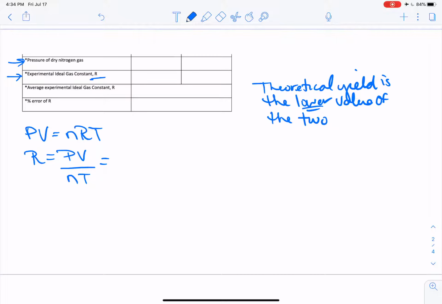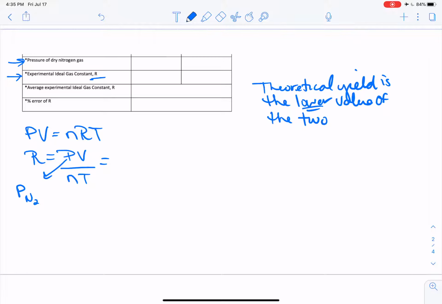Now, you have all of these values in the charts that you have just filled in, but what I want to point out here is this P right here. This is the partial pressure of your nitrogen gas.